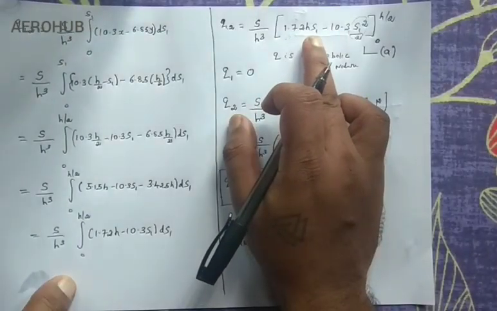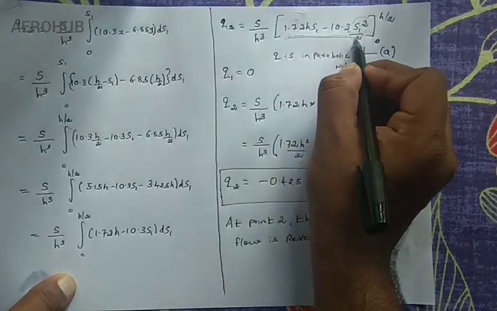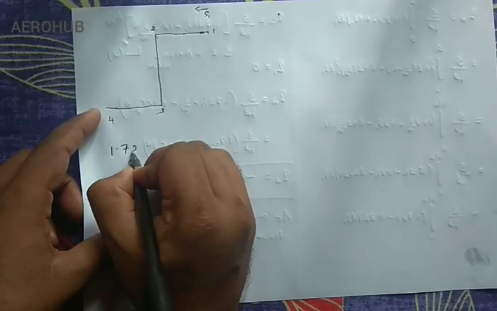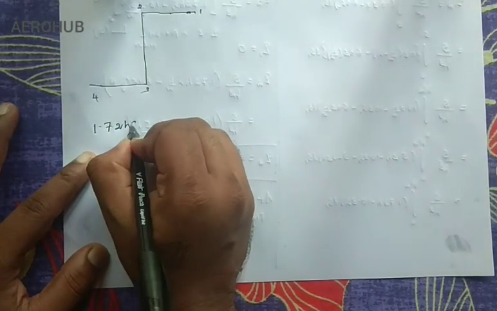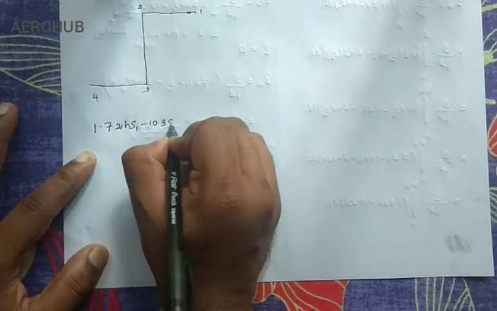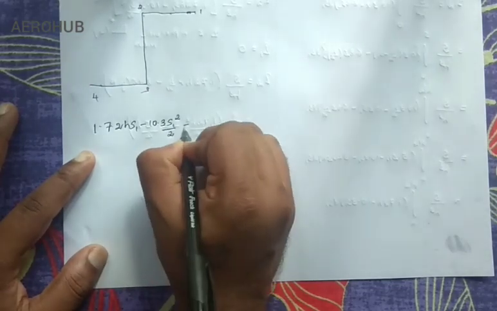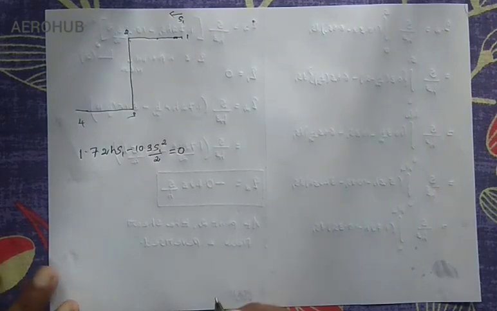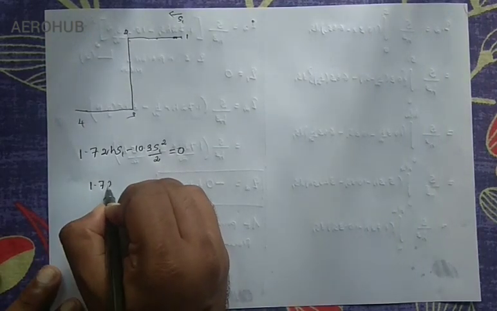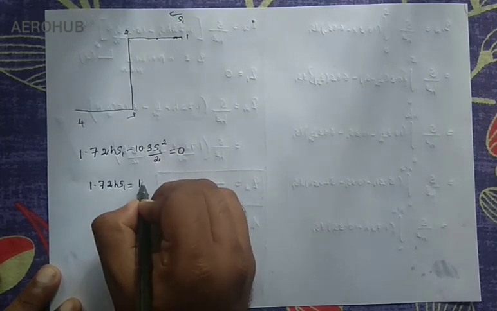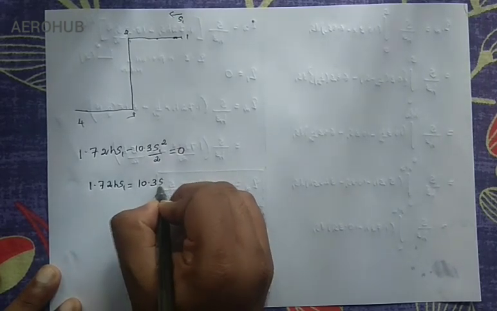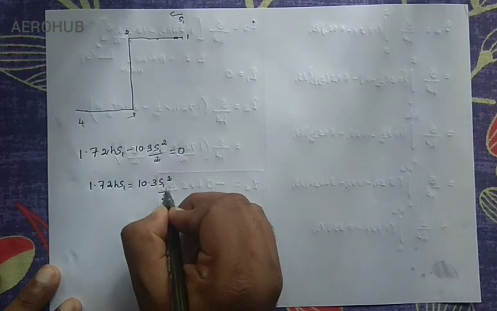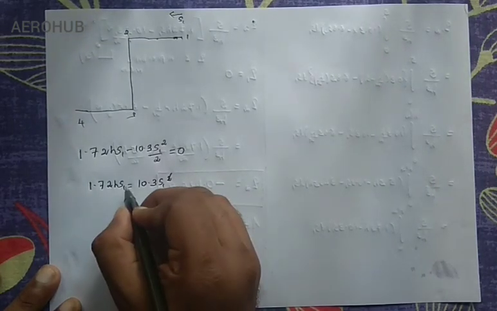So to find out the point, I'll equate this equation to 0. That is 1.72 h S1 minus 10.3 S1 square by 2 should be equal to 0. Okay. Therefore, I'll be getting 1.72 S1 is equal to 10.3 S1 square by 2. This one S can be neglected.